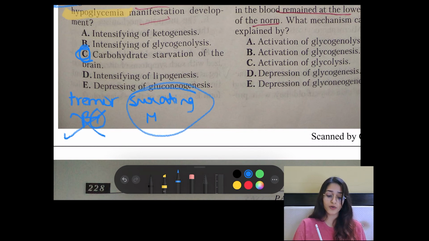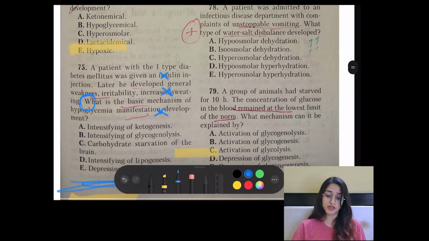The patient has to rely only on sweating. So beta blockers are generally avoided in a diabetic patient who is taking insulin, because if hypoglycemia develops, the patient will not be able to know and it can lead to complications.